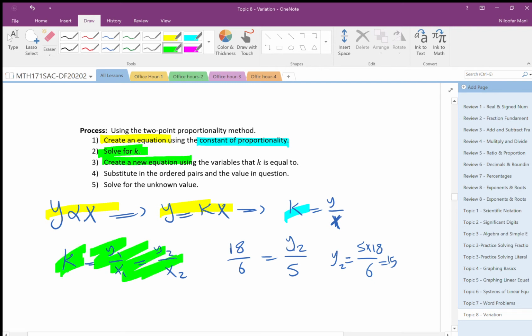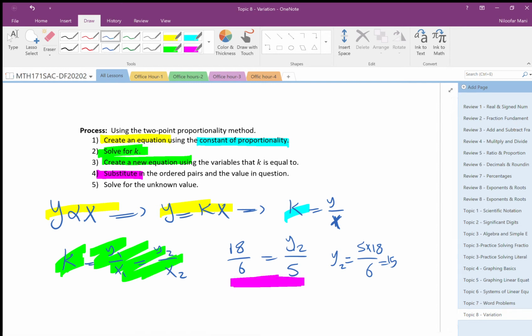So k is useful here for me, and k is constant, k doesn't change. Then I substitute just to find the answer, and I did.